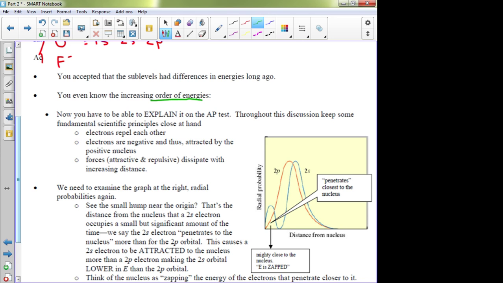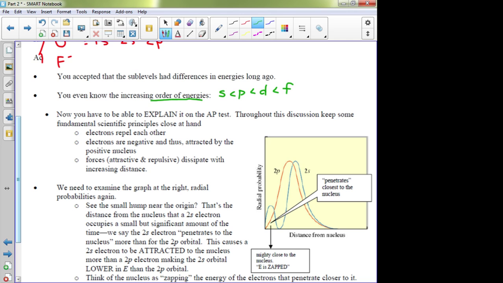I can go all the way across the periodic table from beginning to end and write the order of energies, can I not? Which energy level has the lowest energy on the periodic table? S, right? So S would be the lowest. What would be the next lowest? P. What would be the next lowest? D. And then the one with the highest energy level would be F.